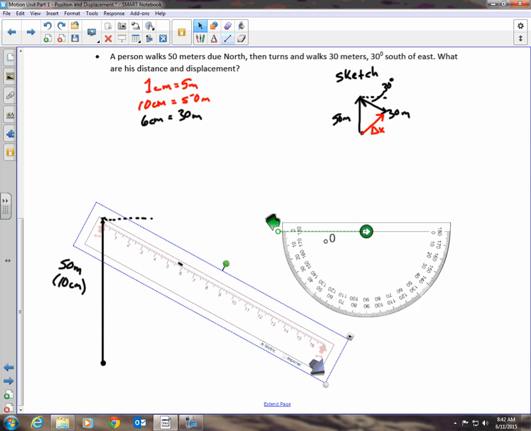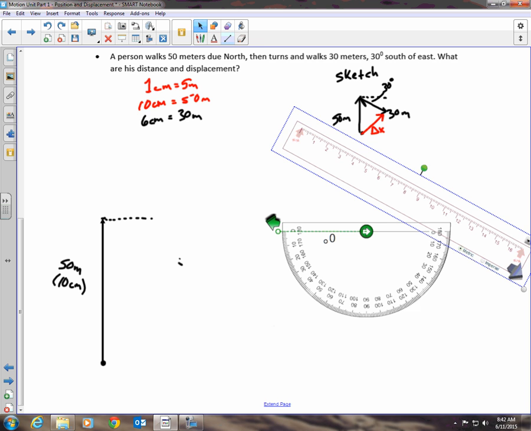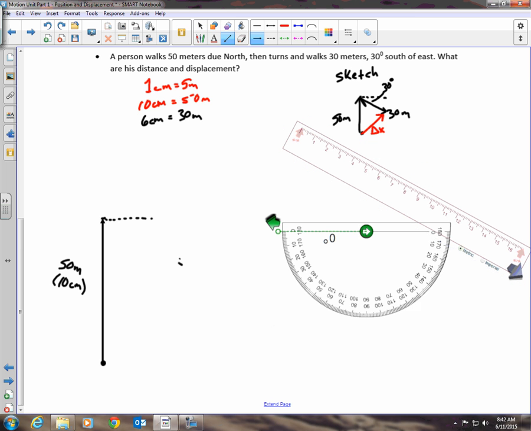So I'm going to measure out 6 centimeters this way. And then I'm going to use my straight edge and make this better here. And again, I might label that as 30 degrees and 30 meters, which was 6 centimeters long.